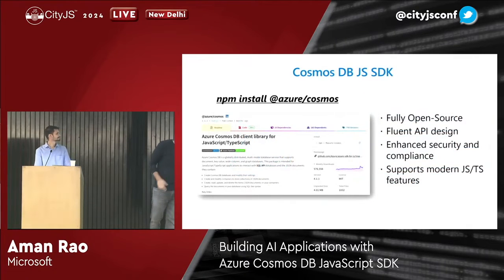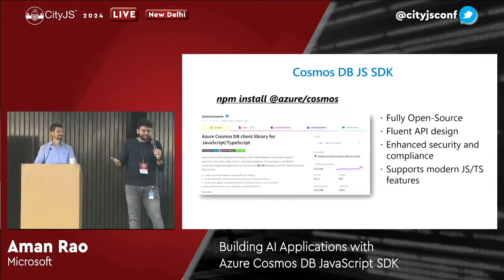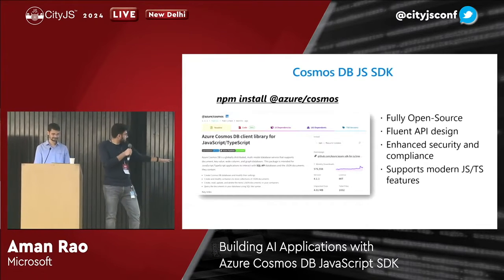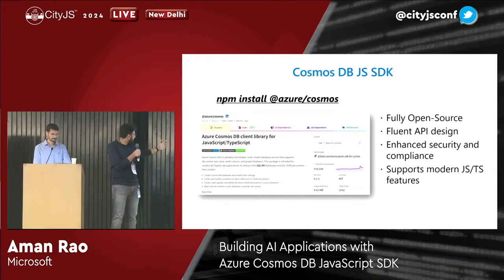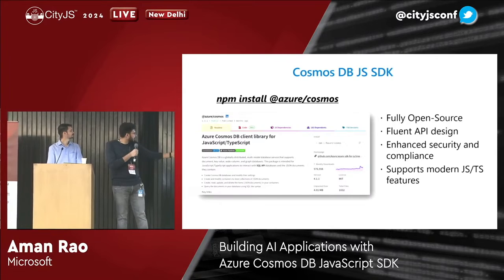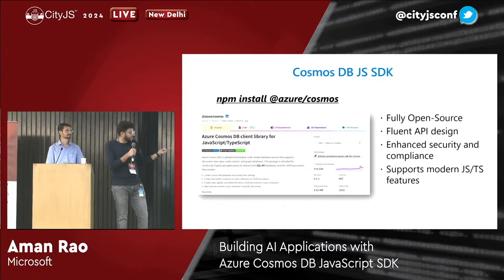Yeah, so you saw the title, so why are we not talking about JavaScript? As we mentioned, we are the maintainers of the JavaScript SDK, and it's by the name of Azure Cosmos, and we are getting almost 500,000 downloads every week for this. The best part about this SDK is that it's fully open source.